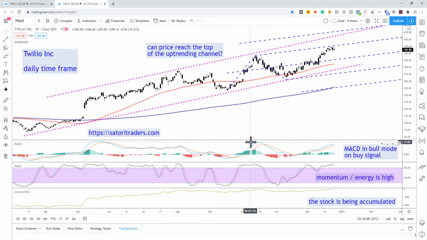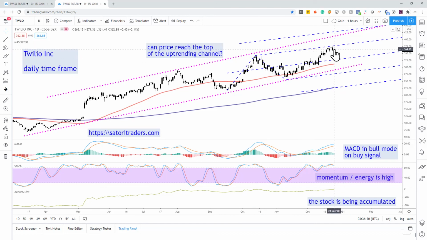Based on MACD, this stock is not as overbought yet as it was back here in October when this price rally ended.